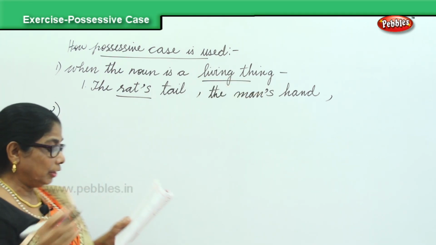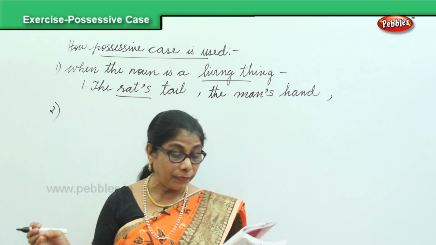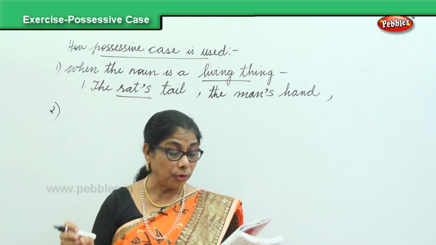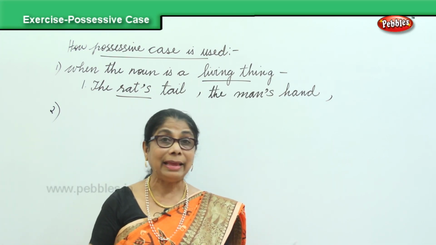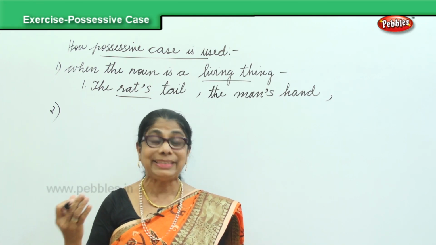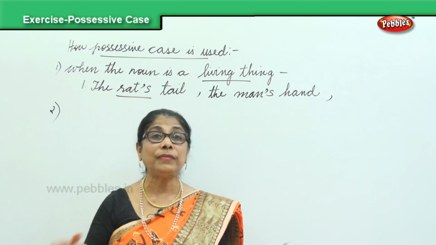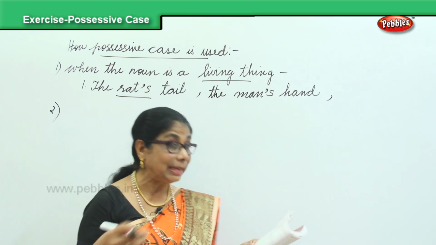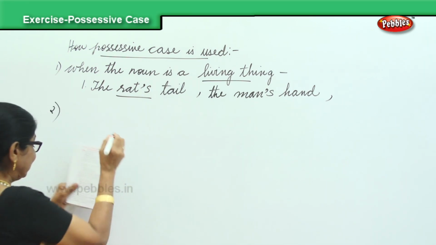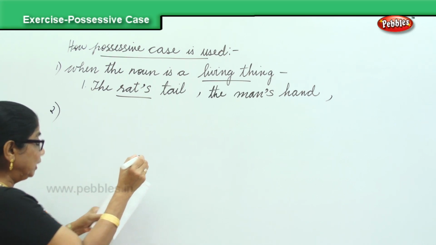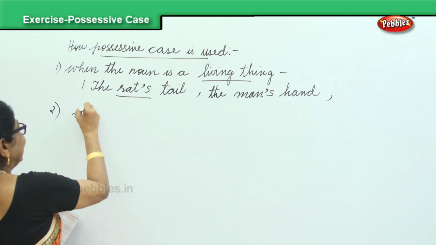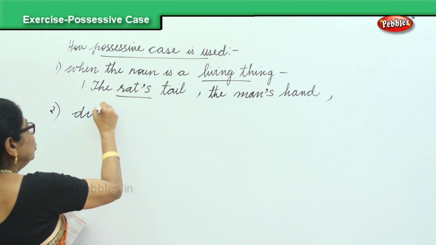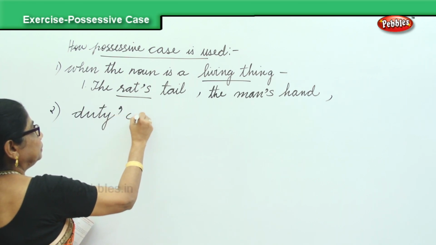Supposing we are talking about personified things, as a noun denoting duty, England. When you talk about things that personify something, duty is something that you do. So in that case, you will say, duty's call.